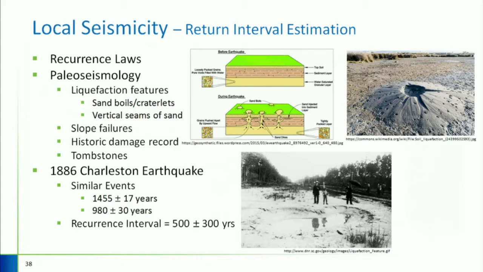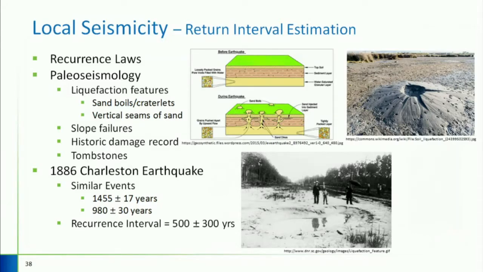You've also got slope failures, where you can back calculate the energy required to cause that slope failure. Tombstones in Japan have been used very widely because they're different sizes and dimensions. They take different amounts of energy to topple over, and they also have different natural frequencies. So you can go to a graveyard and say, oh, only this size tombstone fell over. That means the predominant period of my earthquake was this.